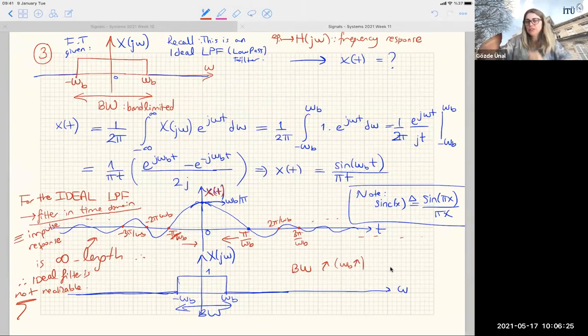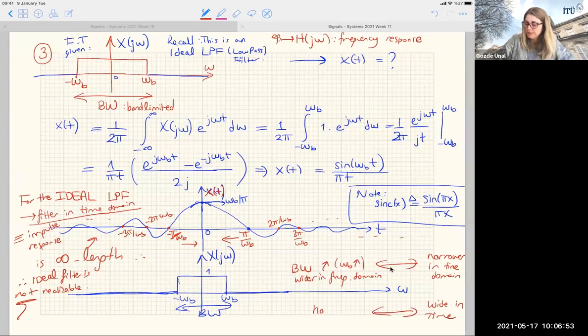It's going to shrink, right? So bandwidth increased. This is wider in frequency domain, again narrower in time domain. And vice versa. Wide in time would be narrow in frequency. I think you guys can see this. Bandwidth increases, this guy would be decreasing. Okay.